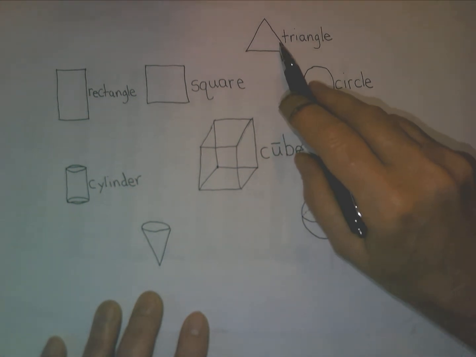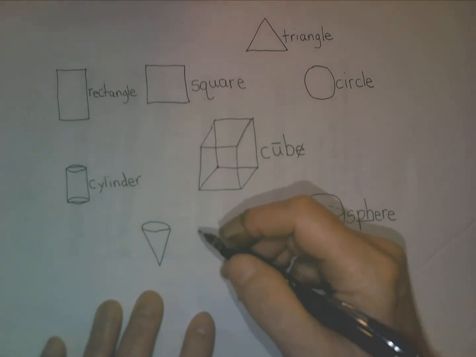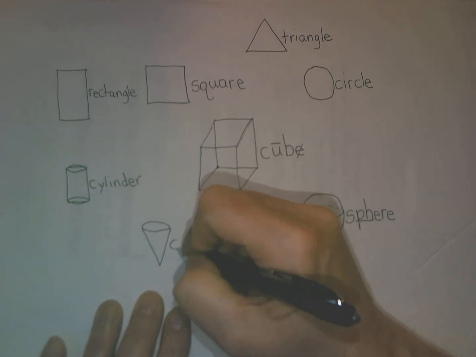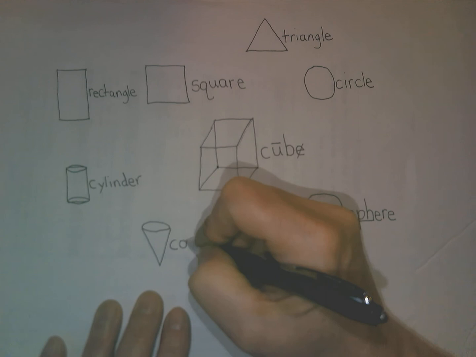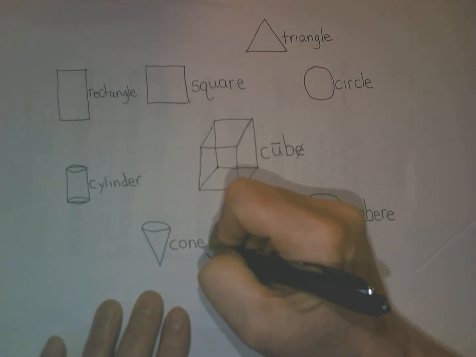This is two-dimensional. This one is three-dimensional or 3D, and it is called a cone. And you can remember that because we talked about ice cream cones, right?